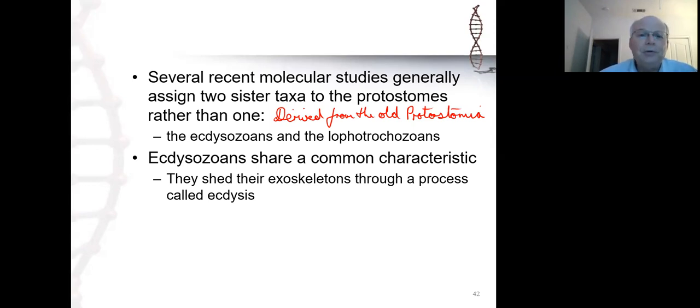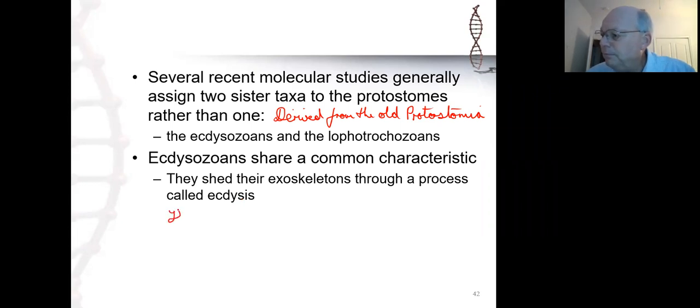So the ecdysozoans are a group of phyla that share the common feature of having an external exoskeleton that they shed periodically through a process called ecdysis.